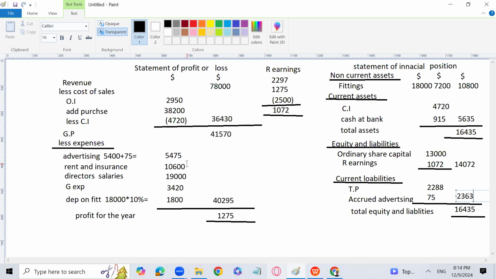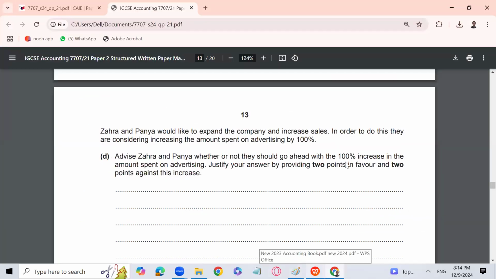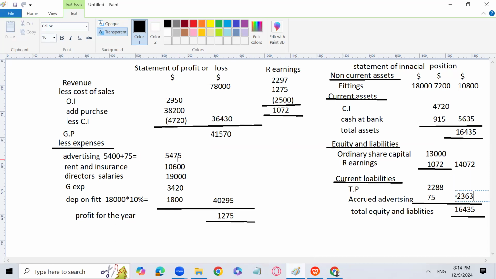Already we are spending a healthy amount on advertisement, right? And if we see our position of cash resources, that is not enough. 915 is very little cash resources which we are having. And trade payables are also on the higher side. A 100% increase in the advertising expense means that it will double, and double means it will be more than 10,000.